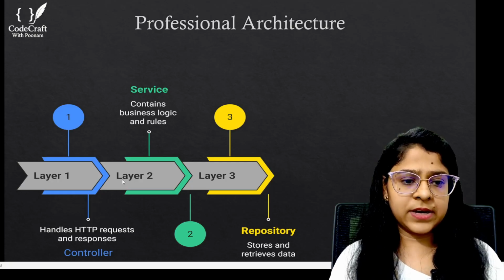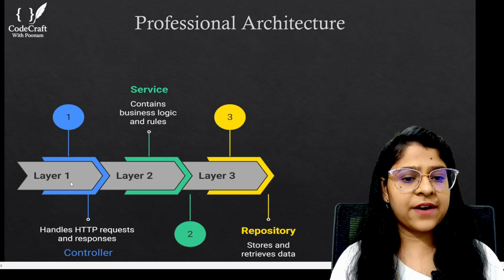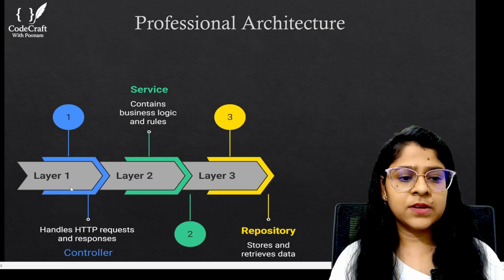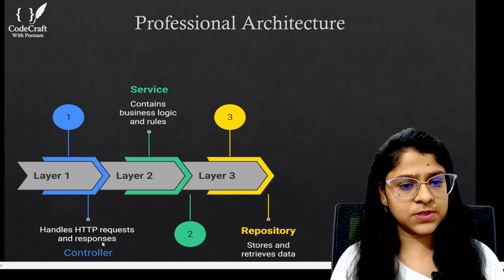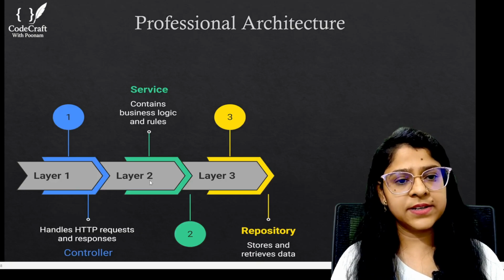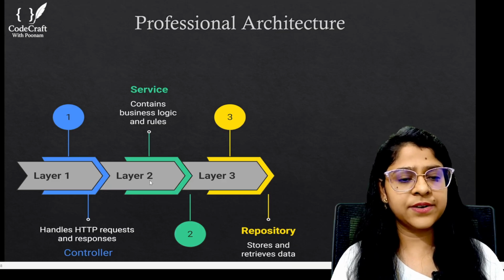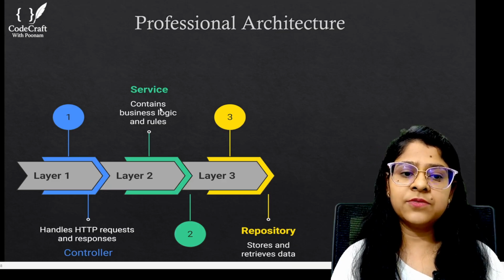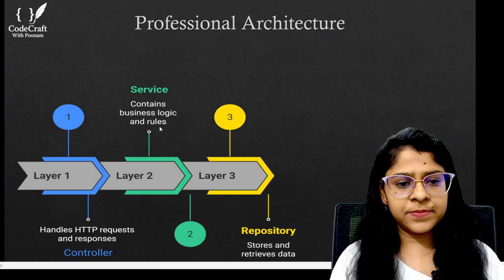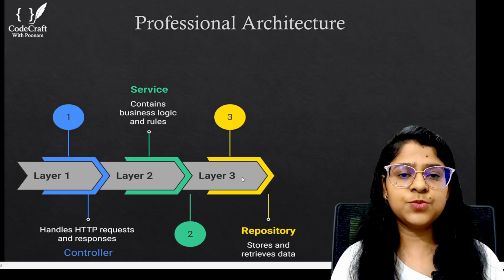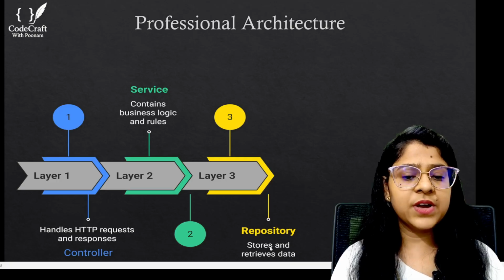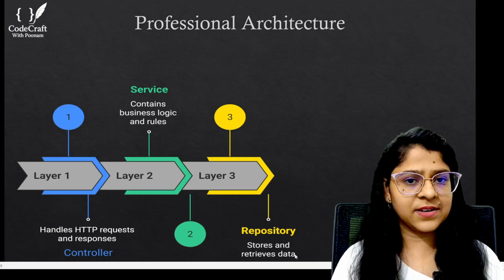Layer-wise, in the first layer we have the controller layer, where we handle all the HTTP requests and responses. Then we have another layer, that is our service layer, where all the business logic and rules are written. And then we have a third layer, which belongs to the repository, where we store and retrieve the data.